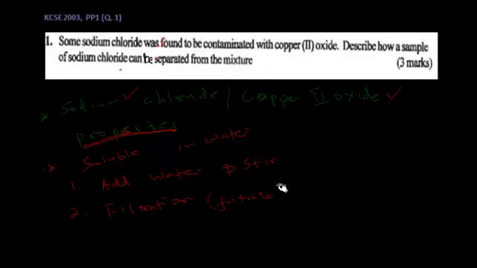This filtrate is made up of sodium chloride and water. So you now have to try and separate sodium chloride from water. That's the filtrate that you've gotten. How do you separate sodium chloride and water?